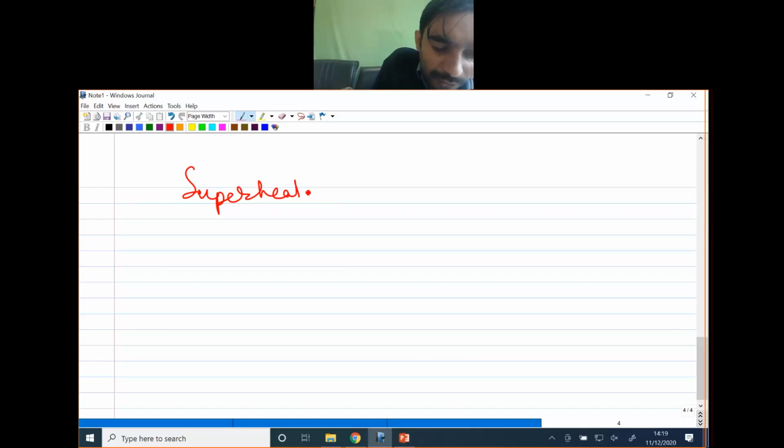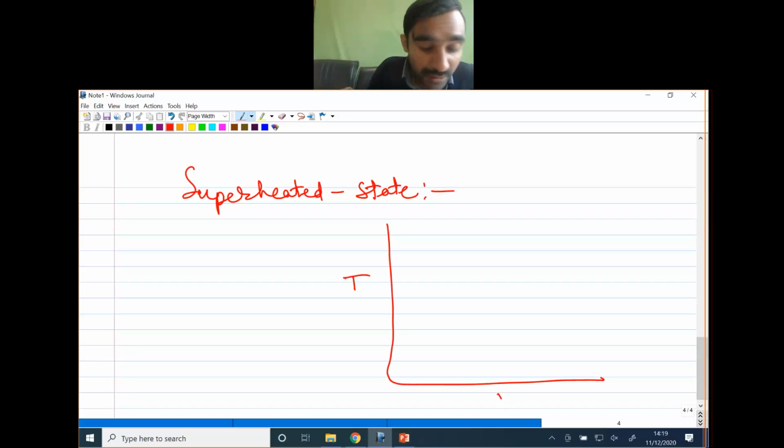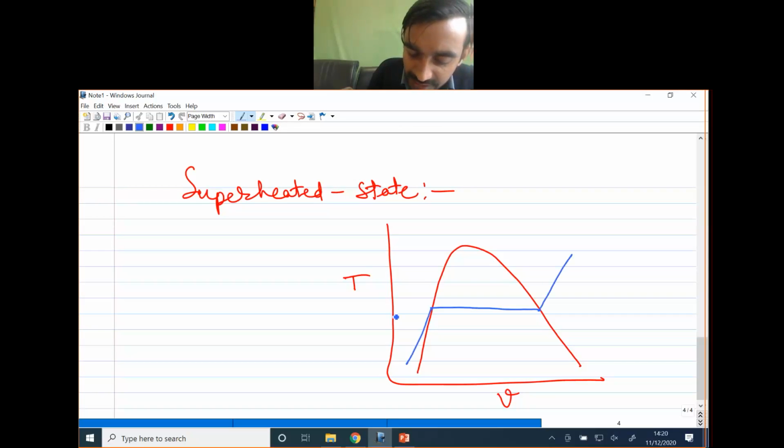I have already told you, for the superheated state, if I show you the TV diagram, you can clearly see that if I have any constant pressure line or any temperature, and my point is on the right hand side of the saturation vapor line, that particular region we call our superheated region.